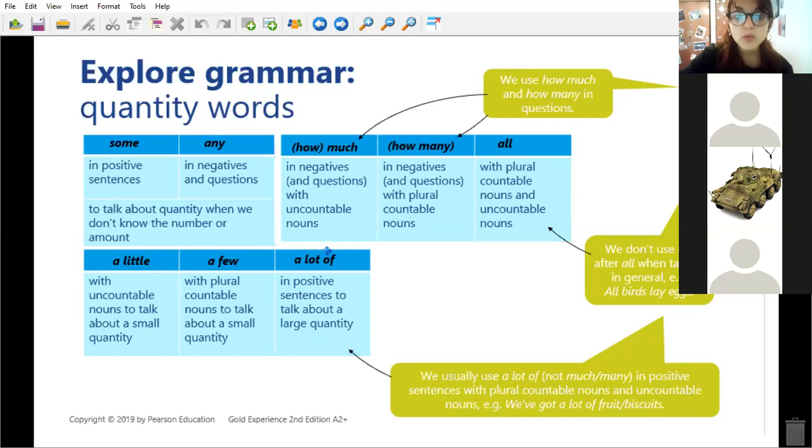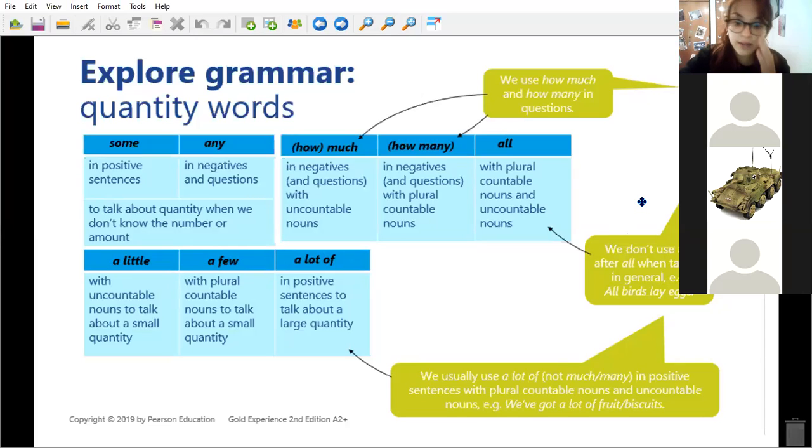And then we have a lot of. Do we use a lot of to talk about small quantities? What do you think? No. Large quantities. So when we have large quantities in positive sentences, we use a lot of.